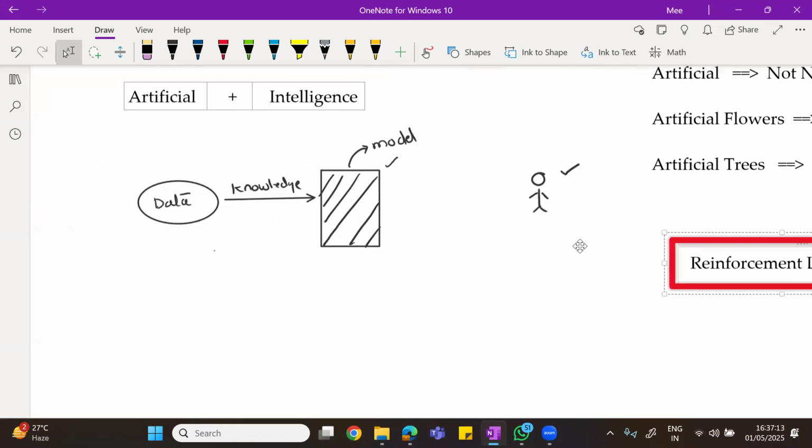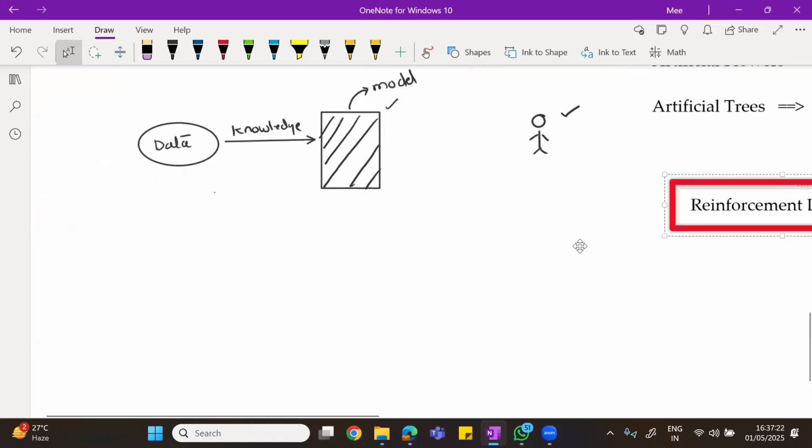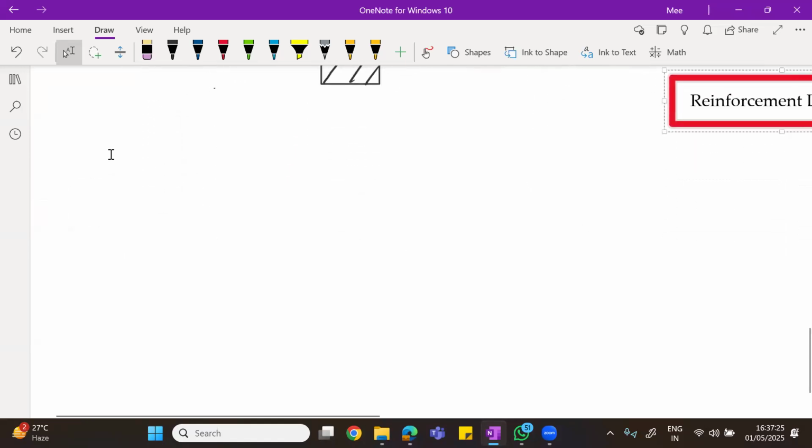Okay. For now, you know what artificial intelligence is and what machine learning is, right? Now I will put down some quick notes so that it is easy for you. Artificial intelligence. See, artificial intelligence is implemented over systems, computers, right?